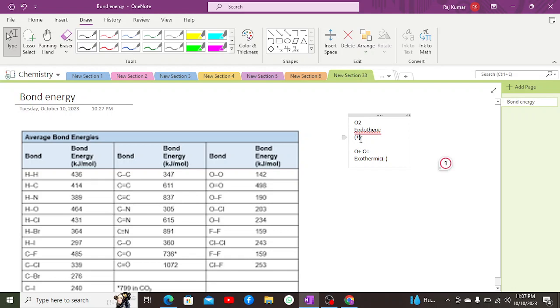Now the bond energy of oxygen molecule to break down into oxygen atoms is 495 kilojoule per mole, while the amount of energy which is released when the oxygen atoms form a bond together to form an oxygen molecule is minus 495, because the energy is being released.